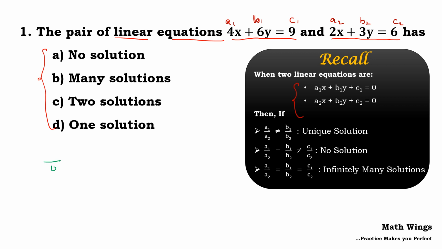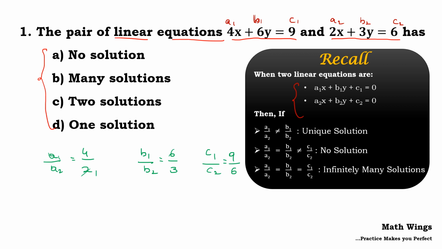a1 by a2 is equal to 4 by 2, then b1 by b2 is equal to 6 by 3, as well as c1 by c2, which is equal to 9 by 6.